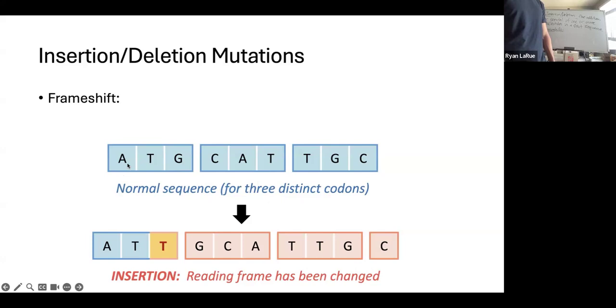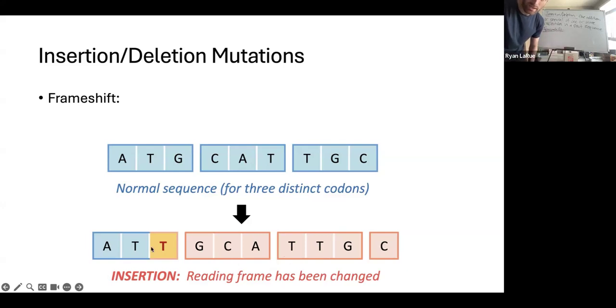And, you know, you'd have UAC and GUA and whatever. Well, that's the normal sequence. But if you do this, you have changed the codons downstream. The remainder of your codons is completely shifted. So now this is ATT, that's different, but then it's no longer going to be CAT.